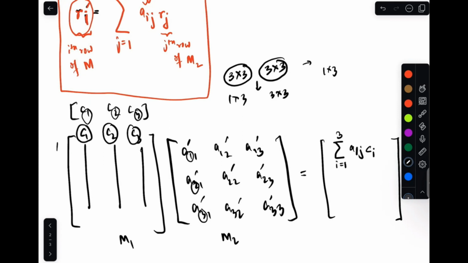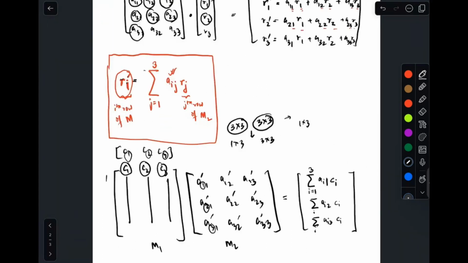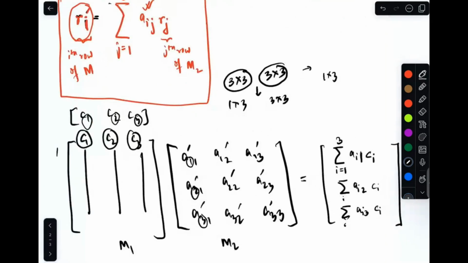This first one is A1, the second one is this j1, is the 1. The next one will be Ai2. The next one will be Ai3. Ci, summation. So yeah, you have seen here again that each of the columns of M is nothing but a linear combination of the columns of M1, right?